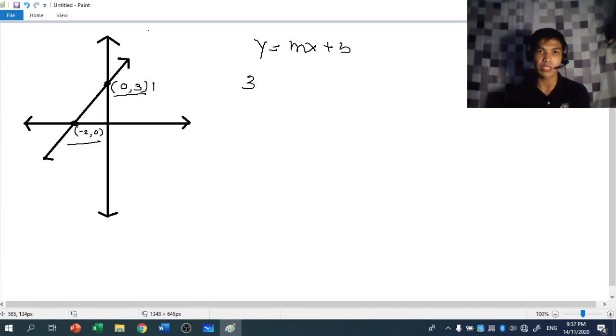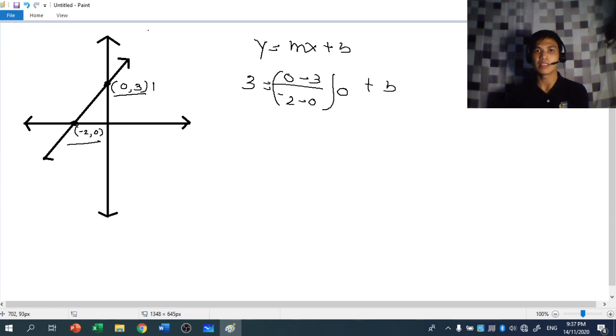So that will be 3 is equal to slope, that will be y sub 2. So my y sub 2 is 0 minus 3 because that is my first choice. x sub 2, -2 minus 0 because my x sub 1 will be 0, times the quantity of x. x will be 0 for me.